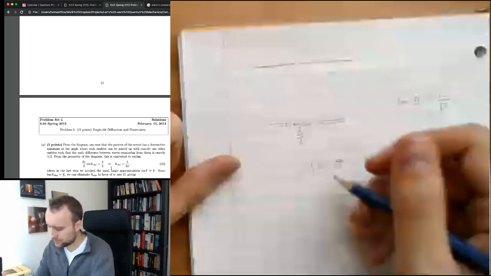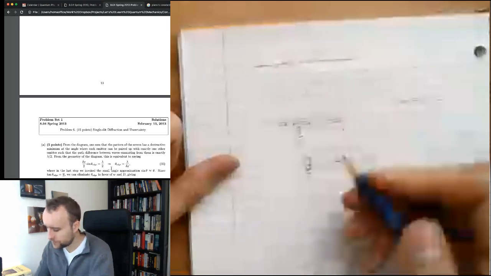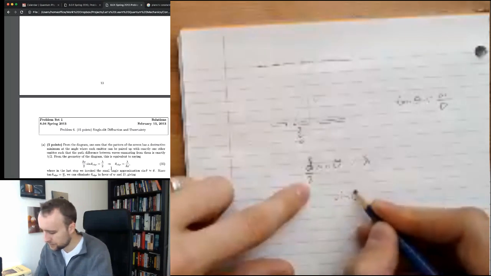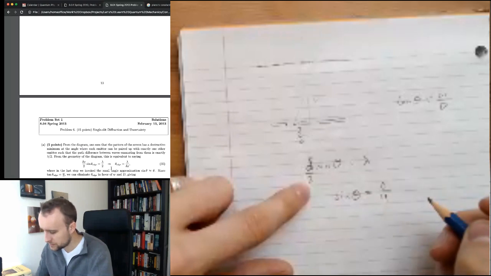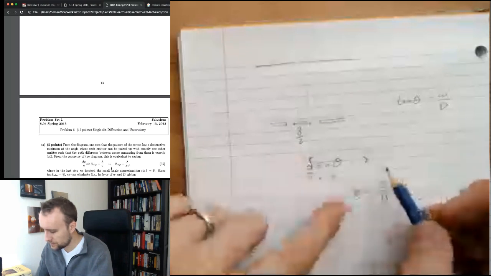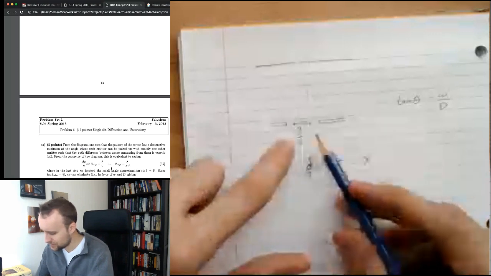So we have this divided by 2. So sine of whatever angle is going to be opposite over the hypotenuse. So what is the opposite? Well, if this is over here, then that must mean that this was the hypotenuse.